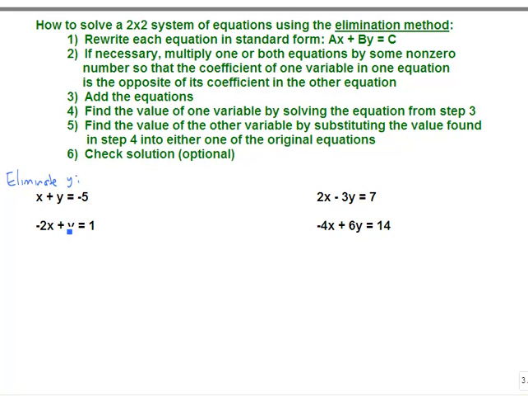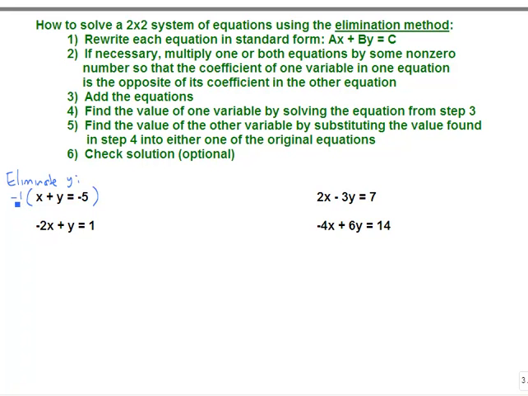So we're going to take one equation, it doesn't matter which one, and we're going to multiply through by -1. I can't just put a minus in front of the y because that wouldn't keep the equations equivalent. So to keep the equation balanced, we have to multiply the entire equation by -1 so that it's equivalent to the original one I was given.